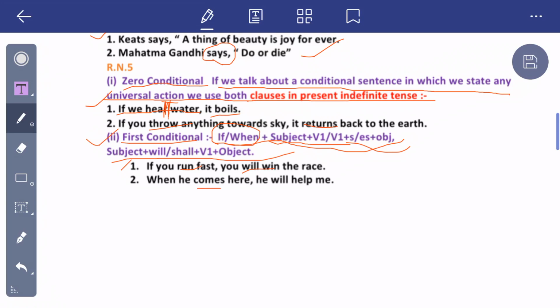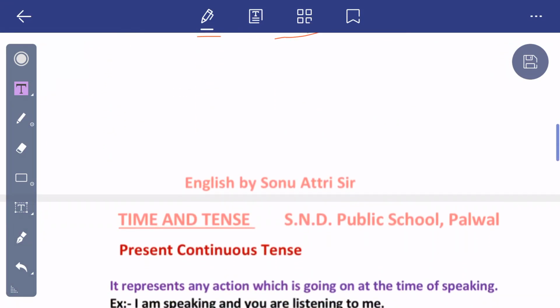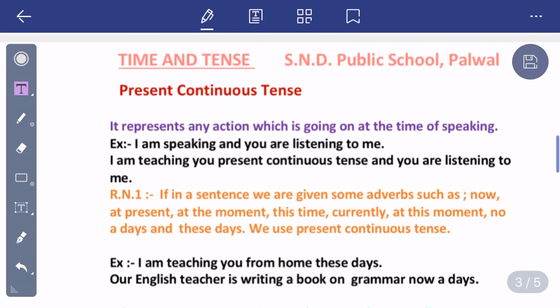When he comes is present indefinite, and will help is future indefinite. So whenever you are talking about the first conditional, the first clause should be present indefinite and the second should be future indefinite. I hope it is clear to you up to now. Now let's have a look at the present continuous tense as well.